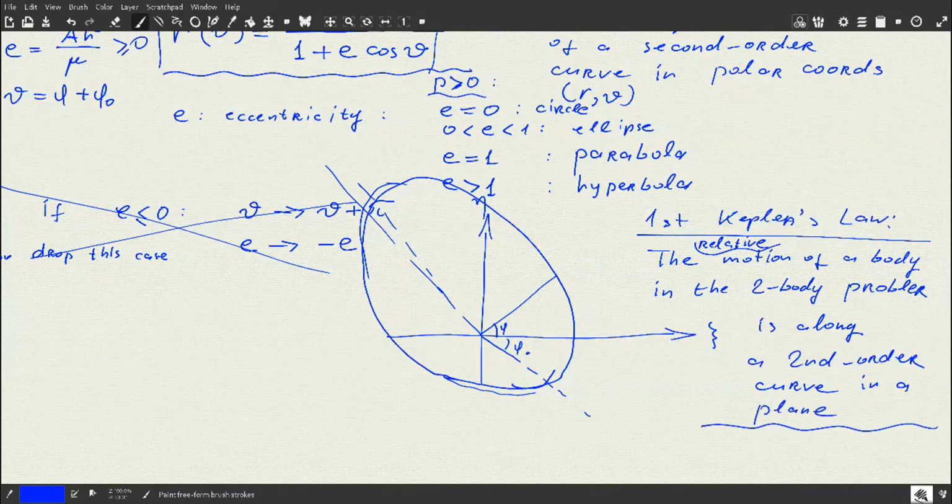It is a planar motion and our trajectory is a second order curve.